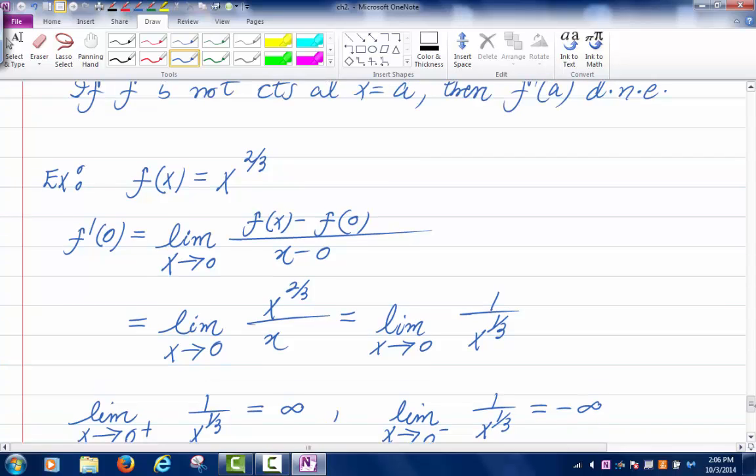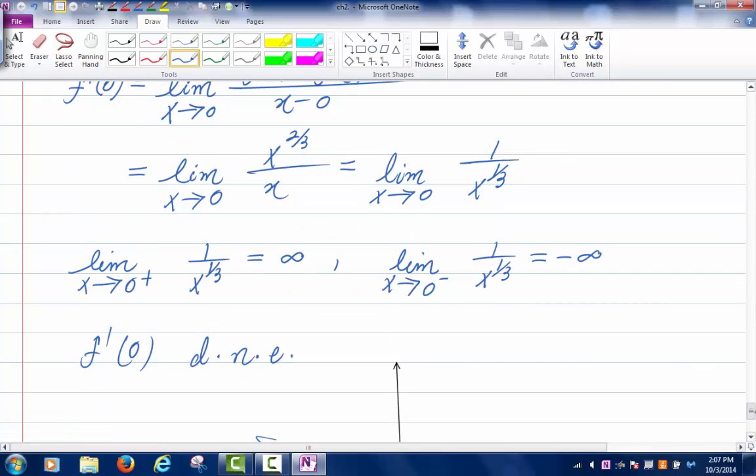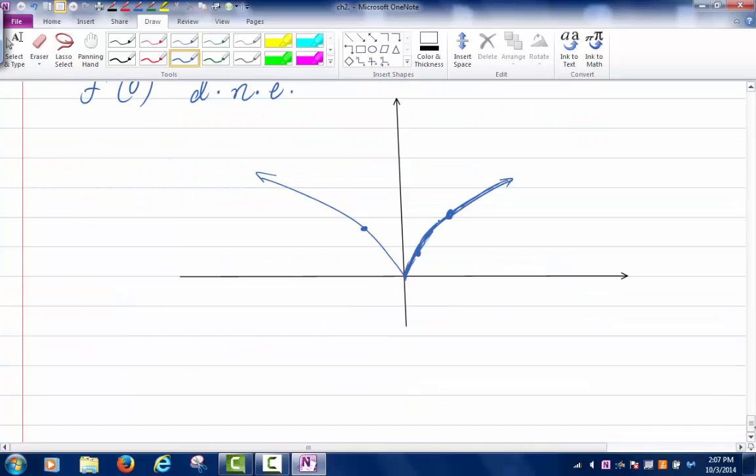I guess I didn't tell you what the derivative of this function is. If you compute the derivative function of x to the 2/3, you're going to get 2/3 times 1 over x to the 1/3.